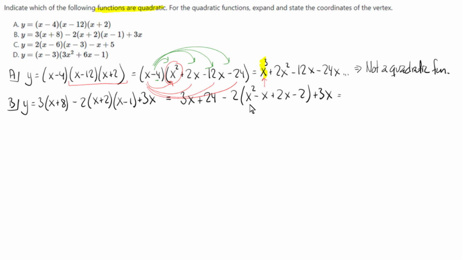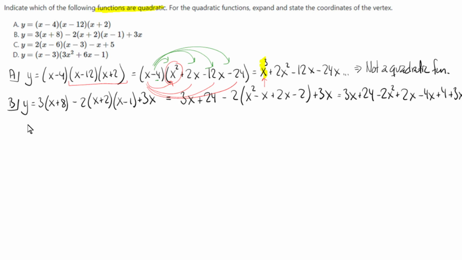Now we're going to expand this monomial times this polynomial. So that's going to be negative 2x squared plus 2x minus 4x plus 4 and then plus 3x.